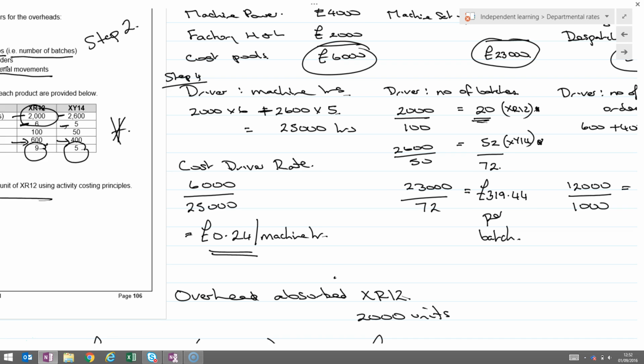So follow that through, make sure that you understand how it's being worked out. Then if you have time, have a look at the example that follows on page 109, because that's what we're going to be starting with in the next session. Okay, so see how you get on and we'll discuss it in the next seminar.